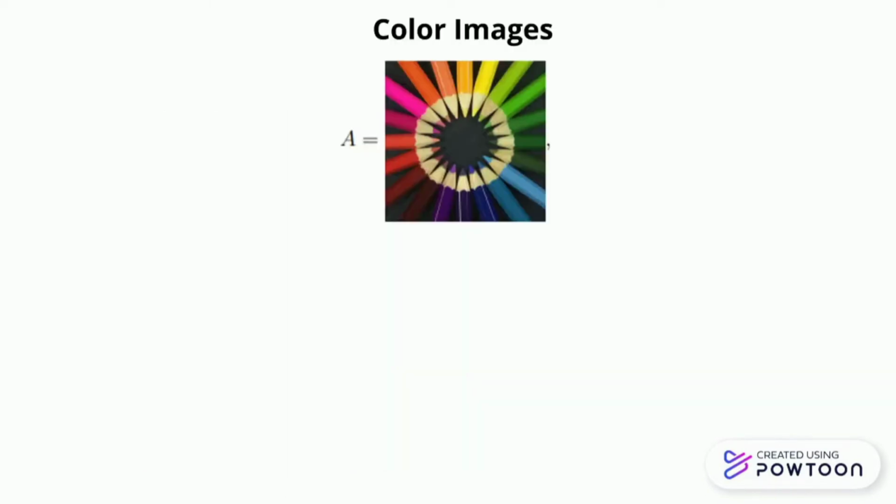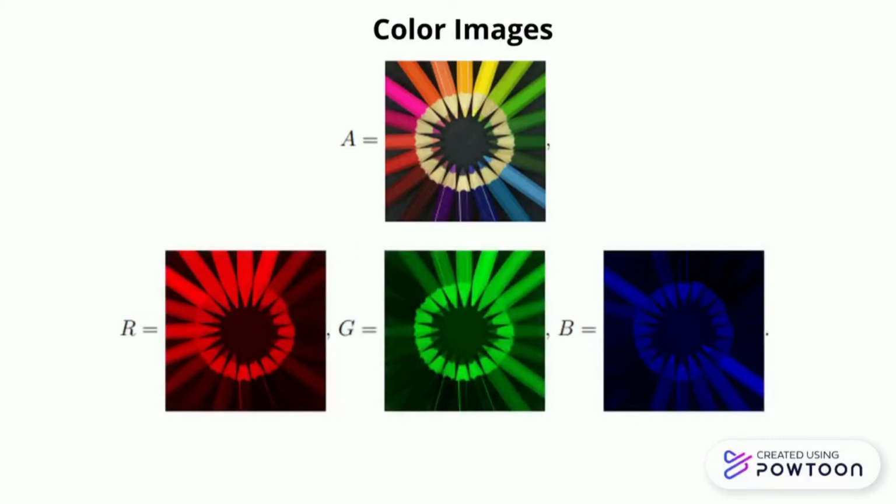Other types of images are named color images. Color images can be represented by three matrices. Each matrix specifies the amount of red, green, and blue that makes up the image. This color system is known as RGB.